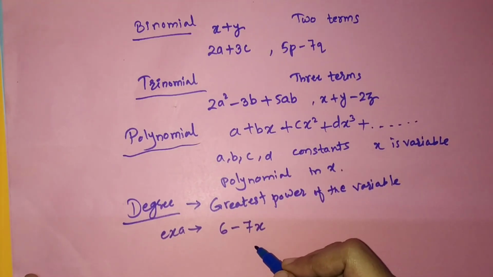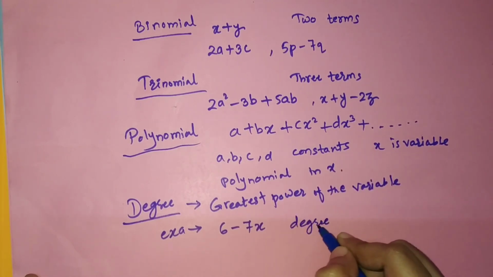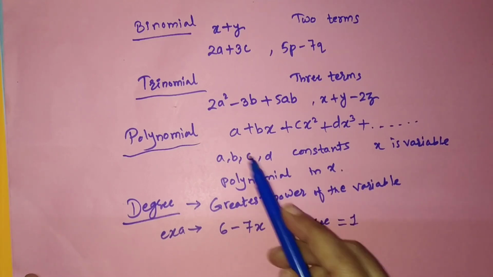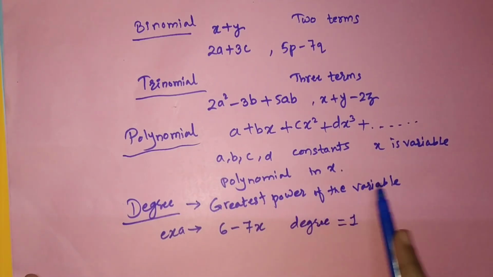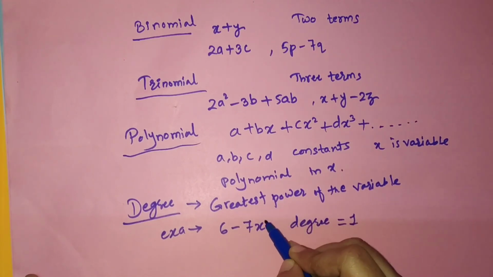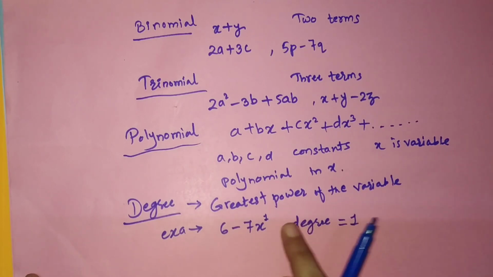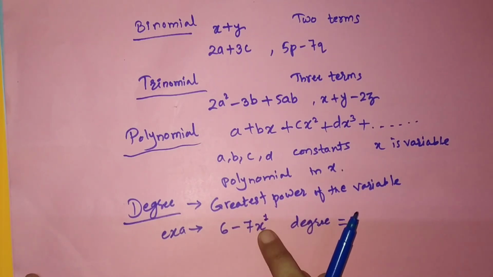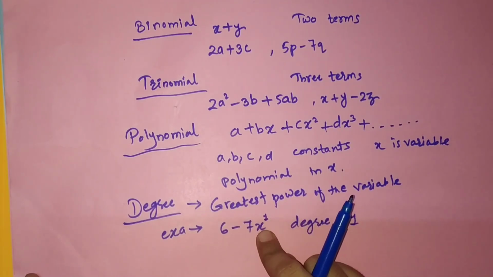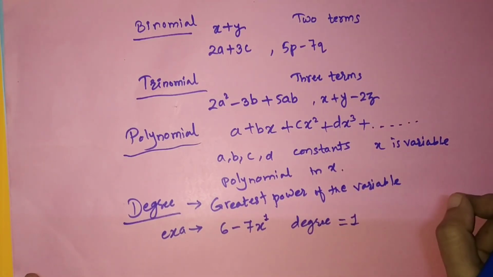So this is a polynomial, and here the degree is 1. Friends, what is degree? Degree is nothing but the greatest power of the variable. Here the variable is x, and x has no written power, but by default it has power 1, x to the power 1, but while writing we generally omit it. So this is a polynomial in x with degree 1.